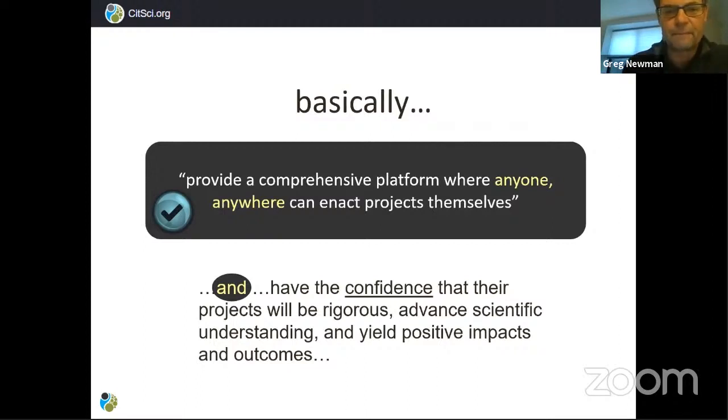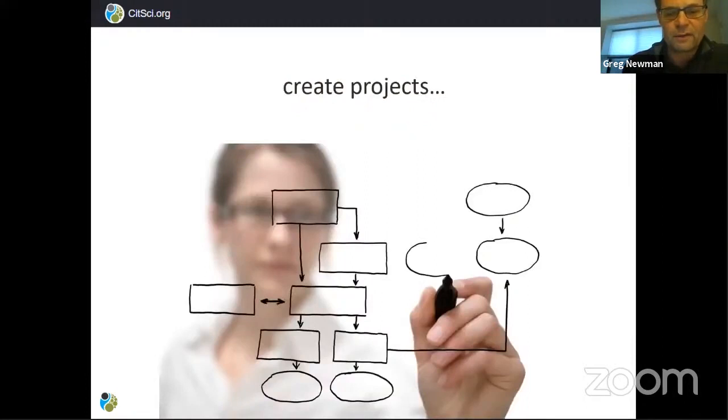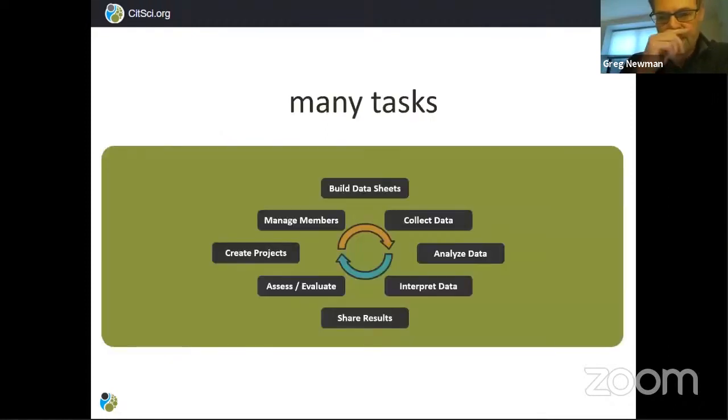So when people went about creating a citizen science project prior to platforms, they were in a nature center, saying, hey, let's go engage the public in mapping butterflies or assessing butterfly abundance. And so they'd create a project on a whiteboard and think, well, this should be pretty straightforward. We'll create a project, we'll recruit some volunteers, we'll build a data sheet for them to take out on a clipboard.